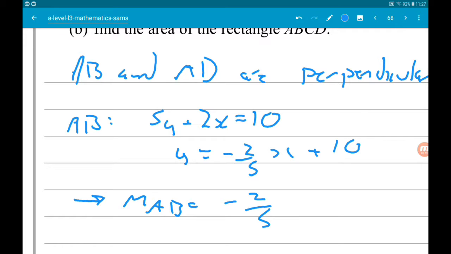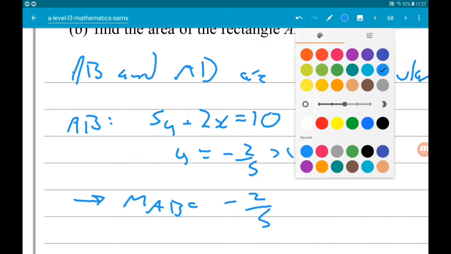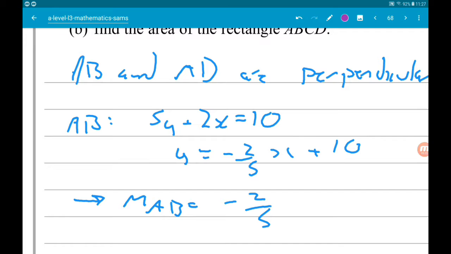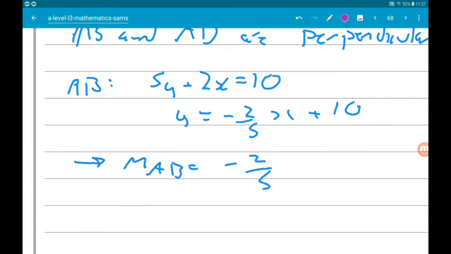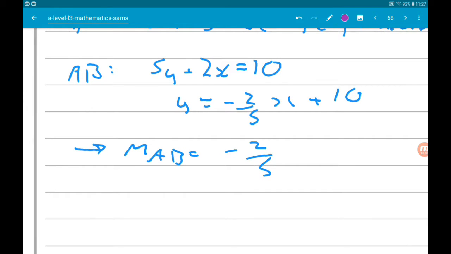This allows us then to get the gradient of AD. The lines are perpendicular, so the gradients are negative reciprocals of each other.